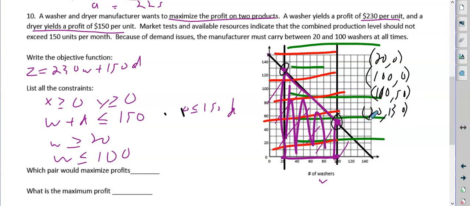I'm going to plug all those into the objective function. For this one, I get 4,600. For this one, I get 23,000. For this one, I get 24,100. And for this one, I get 30,300.